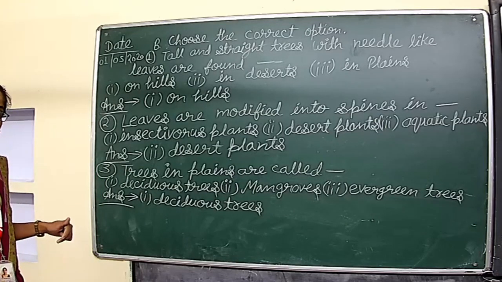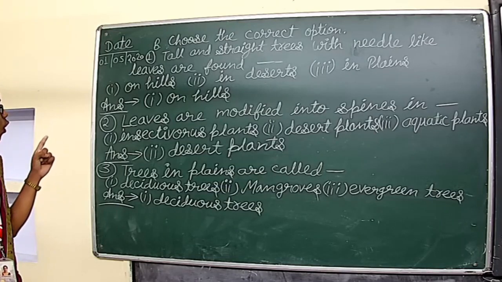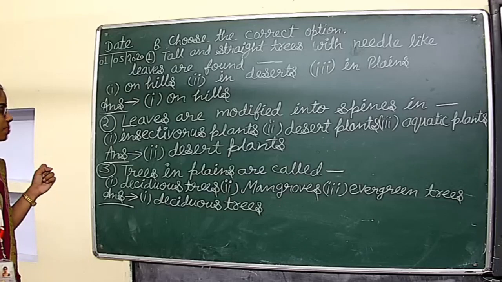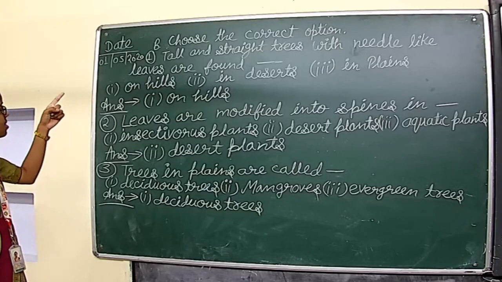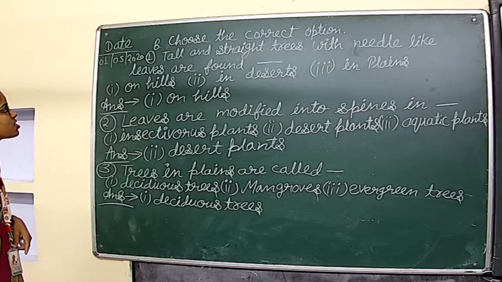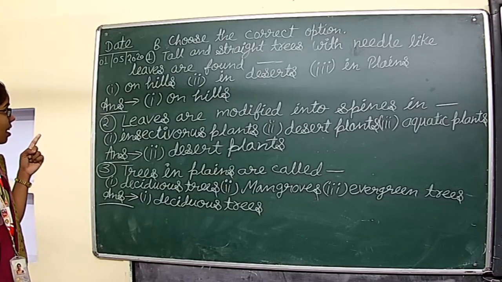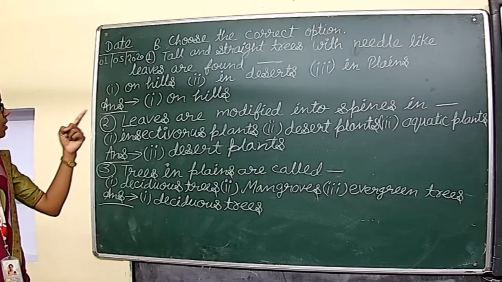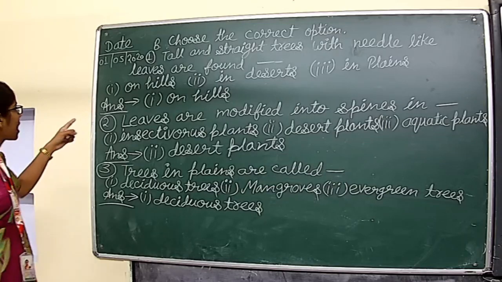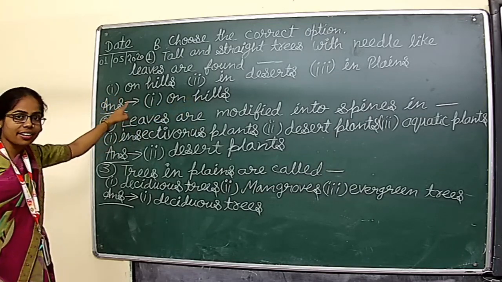But before rubbing the board, let me read all the question answers once again. First question: tall and straight trees with needle-like leaves are found dash. The correct answer is on hills. First option is correct.